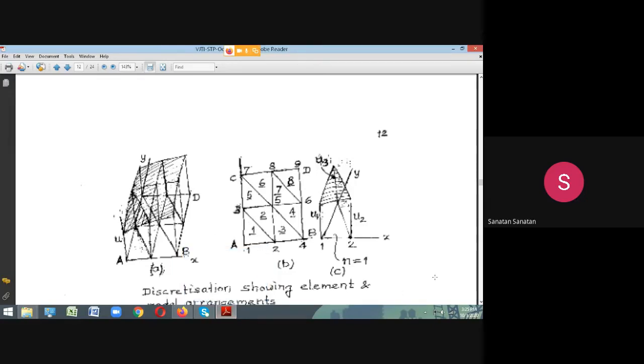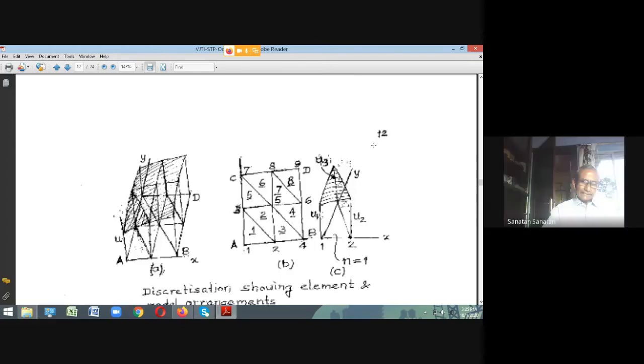Think of it as a saddle, which is indicated by that doubly curved surface, which is hatched. So that's the shape of the surface. If I want to determine u variation over this domain ABCD, I have to find out the equation of this surface in terms of x and y. Is that clear to everybody?